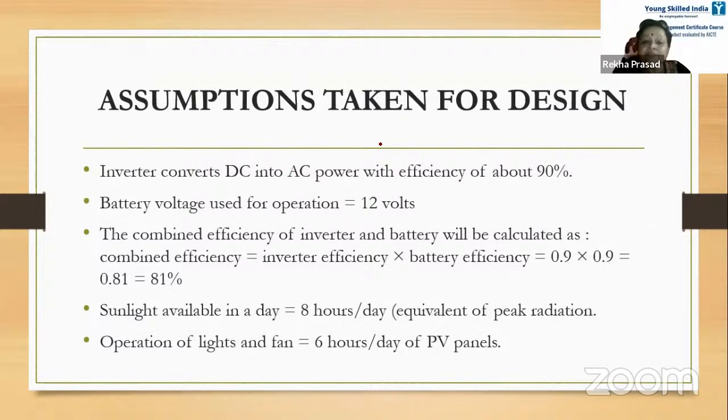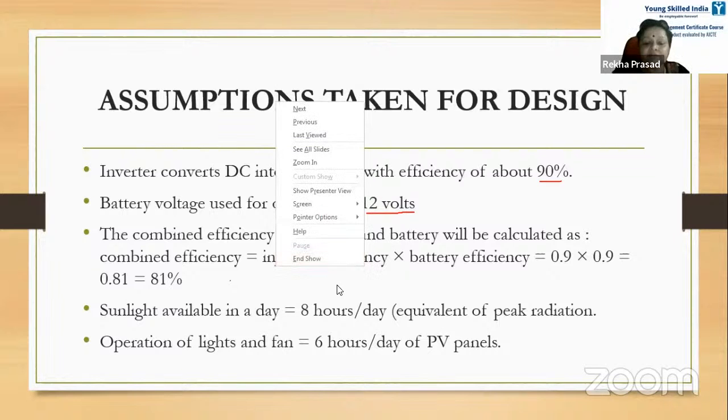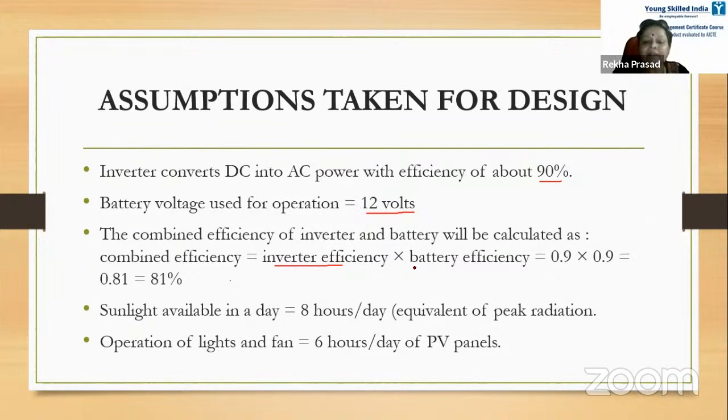Now, what are the assumptions? Inverter converts direct current into alternating current with efficiency of about 90%. So this is one efficiency, that is 0.9. Battery voltage used for operation is 12 volts. The combined efficiency of inverter and battery will be calculated as inverter efficiency and battery efficiency.